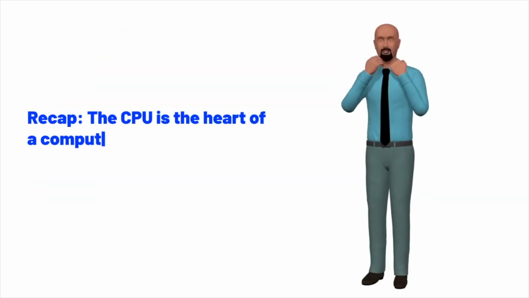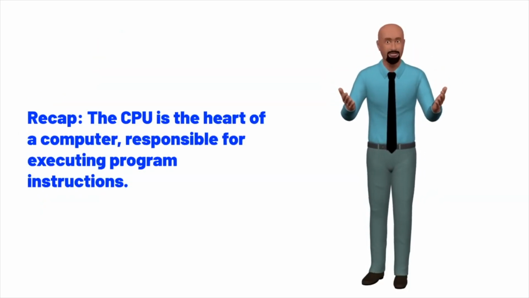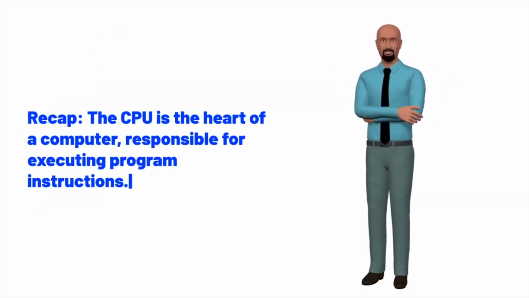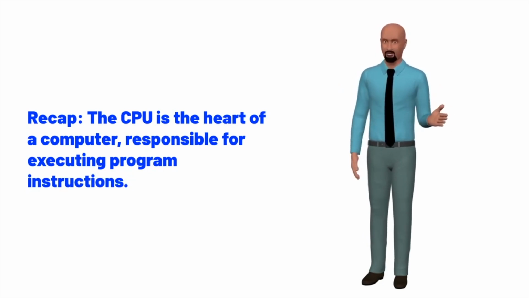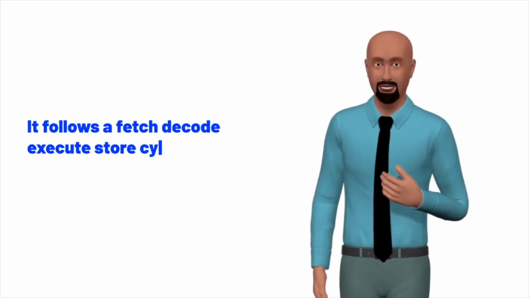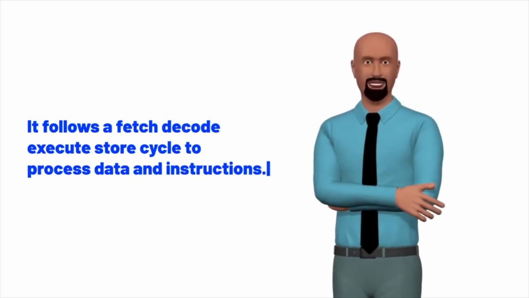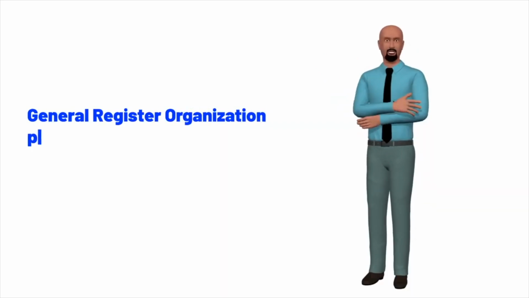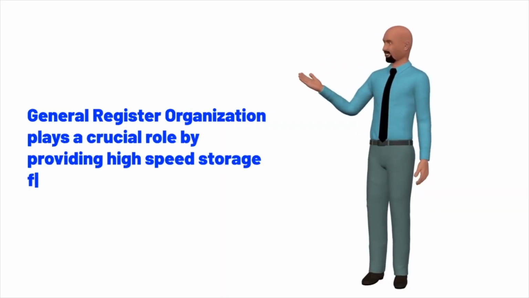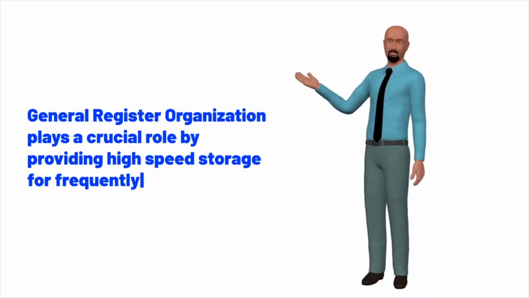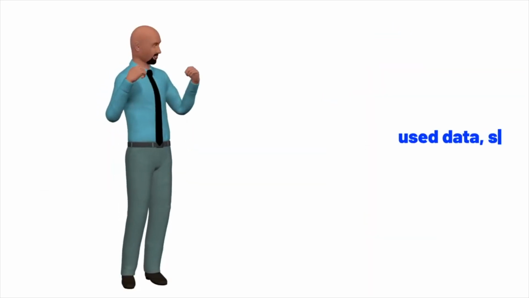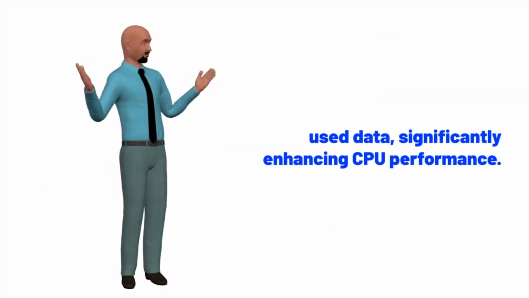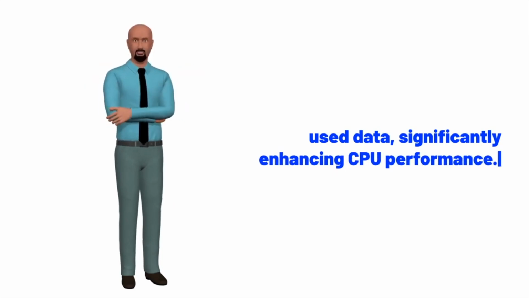Recap: the CPU is the heart of a computer, responsible for executing program instructions. It follows a fetch, decode, execute, store cycle to process data and instructions. General register organization plays a crucial role by providing high-speed storage for frequently used data, significantly enhancing CPU performance.